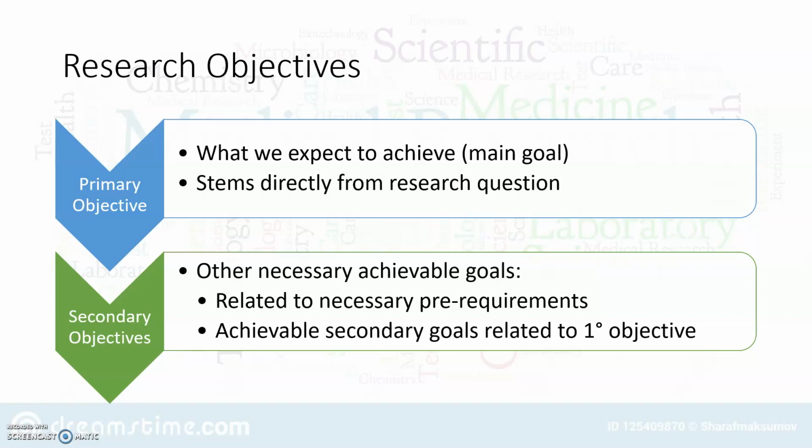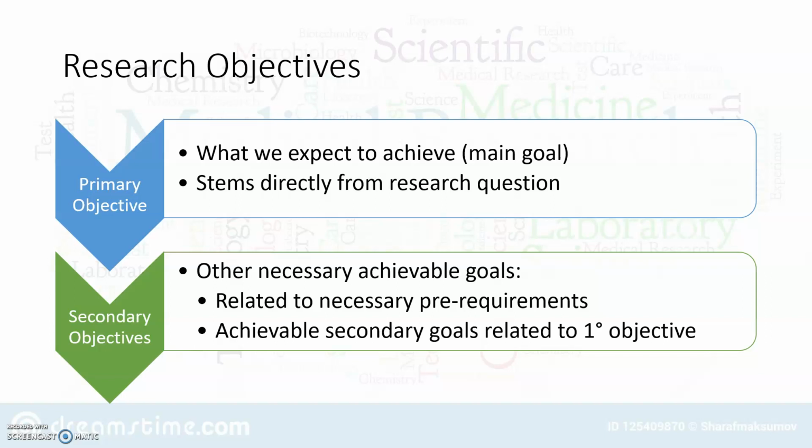Whereas the secondary objectives might be other things that we can answer, either related to some information we'd like to get before we answer our main question, maybe about the makeup of the population, maybe about the way a certain disease presents in a certain setting, and then other achievable goals.